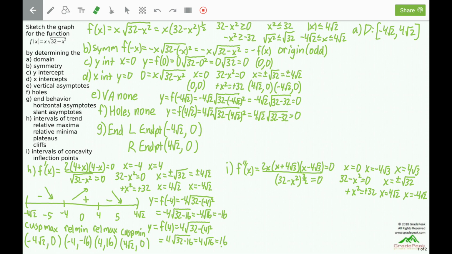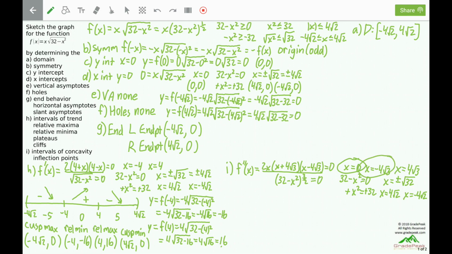We'll now check to see which of these are in the domain. The domain is all real numbers from negative 4 square root of 2 to positive 4 square root of 2, including the ends. 0 is in there, so we keep that. It will be a candidate number. 4 times the square root of 3 is bigger than 4 times the square root of 2, because the square root of 3 is bigger than the square root of 2.